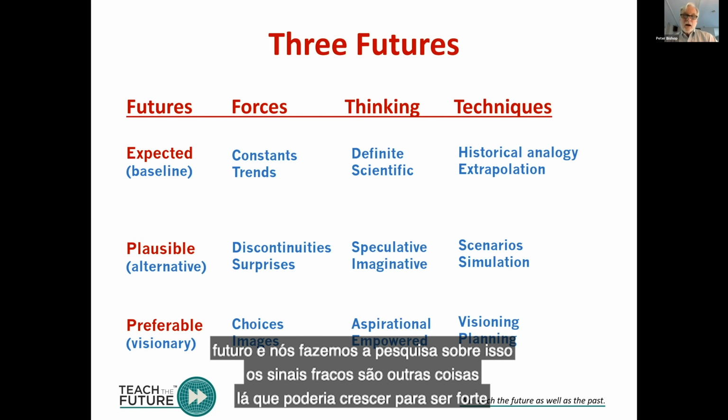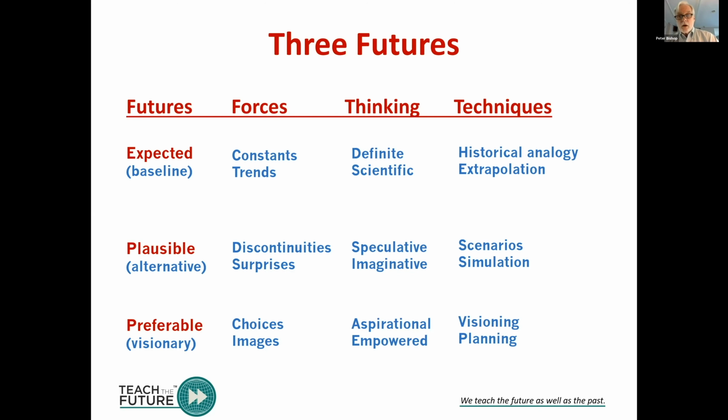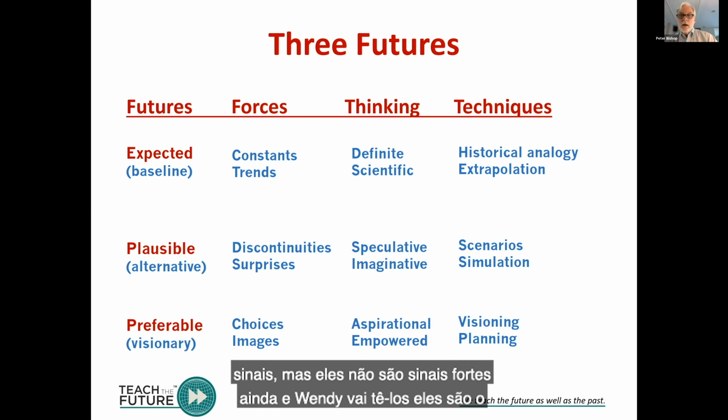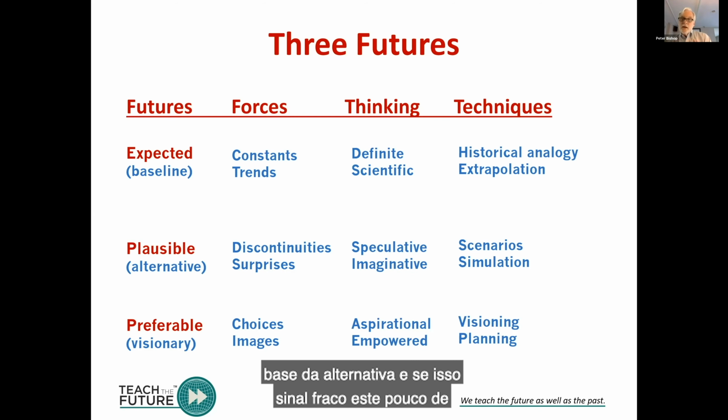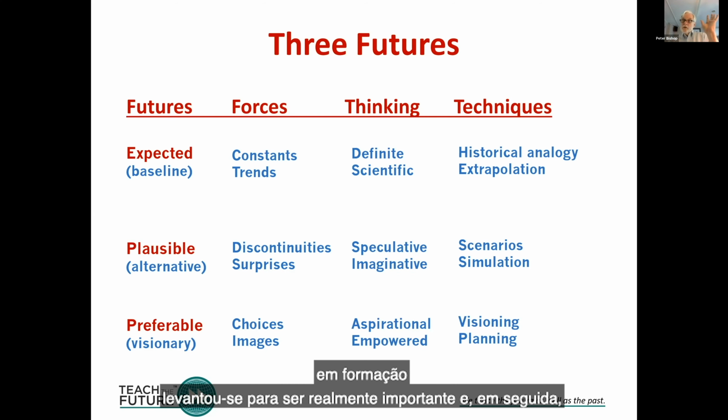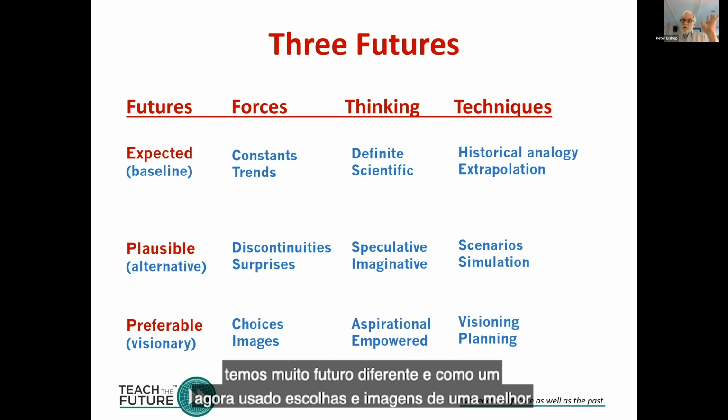The weak signals are other things out there that could grow up to be strong signals, but they're not strong signals yet. And they're the basis of the alternative. What if this weak signal, this little bit of information, grows up to be really important, and then we have a much different future. And I'll use choices and images of a better future.